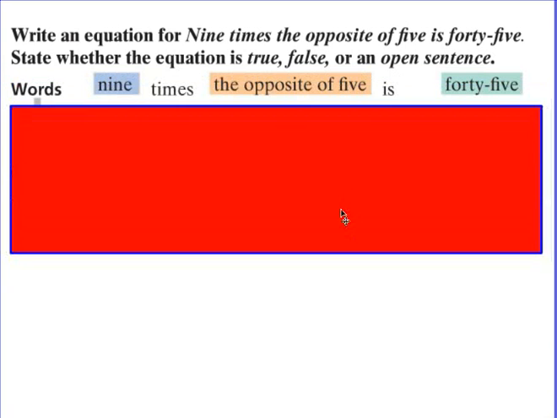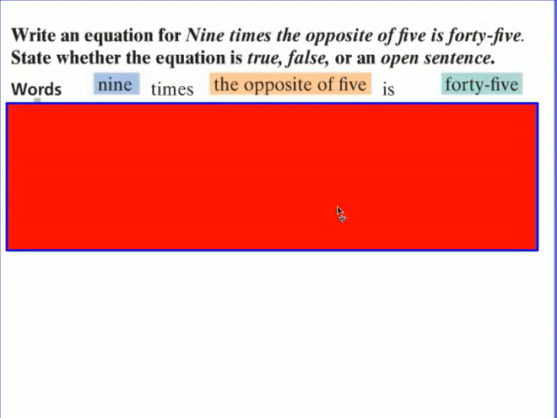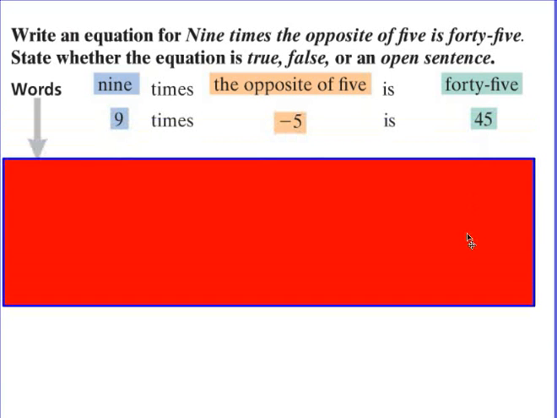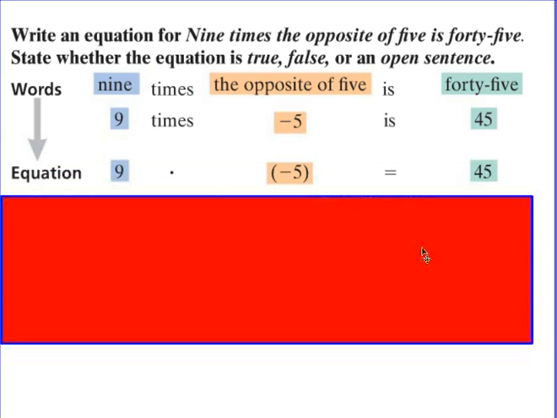You should have taken the words 9, opposite of 5, is 45, and written them like this. 9 times negative 5 is 45. Now we look at the words times and is. Instead of times, we change it to the multiplication sign, and instead of is, we put the equal sign.